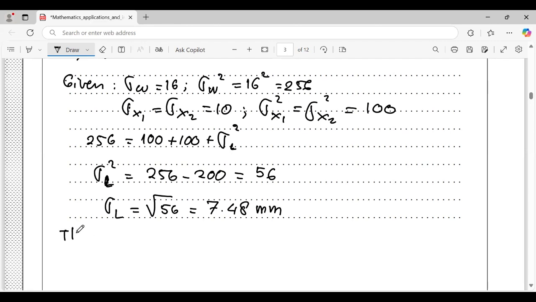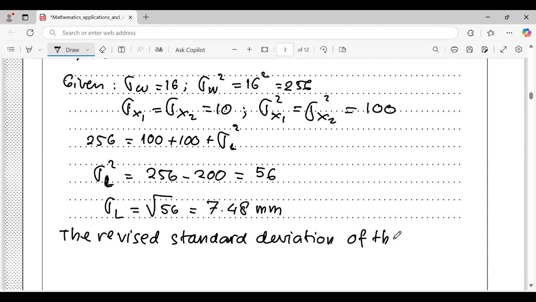So we can state that the revised standard deviation of the lead layer is 7.48 millimeters.